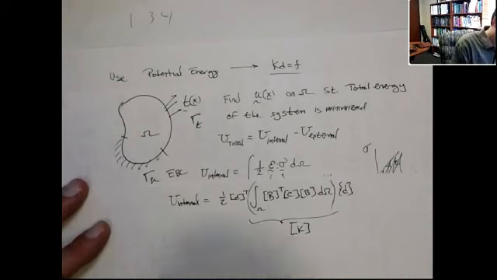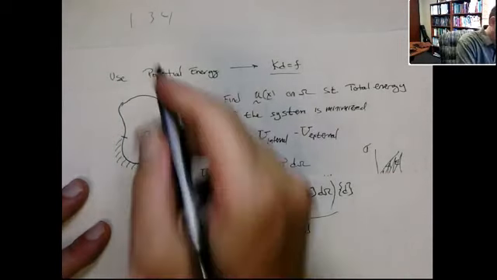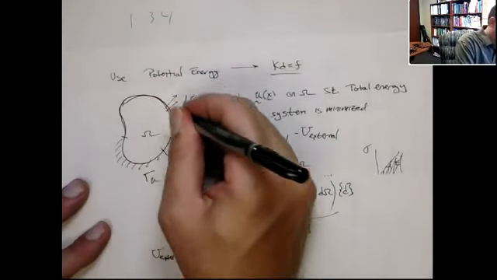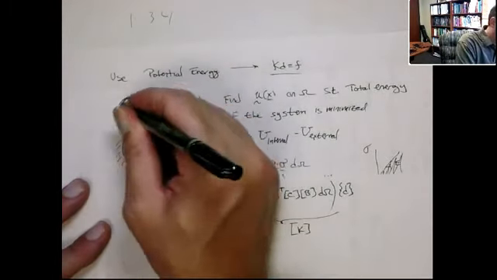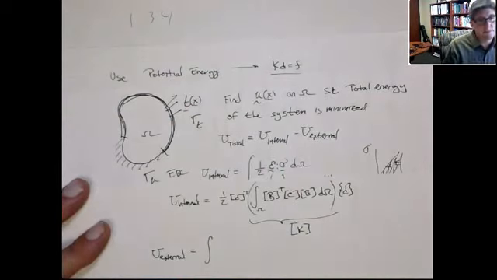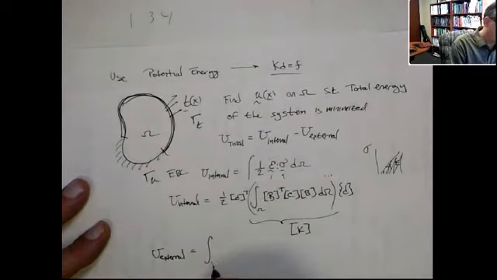So this external work, again, we're going to integrate over the region where the tractions are defined, so that natural boundary, that traction boundary condition, gamma T, okay?